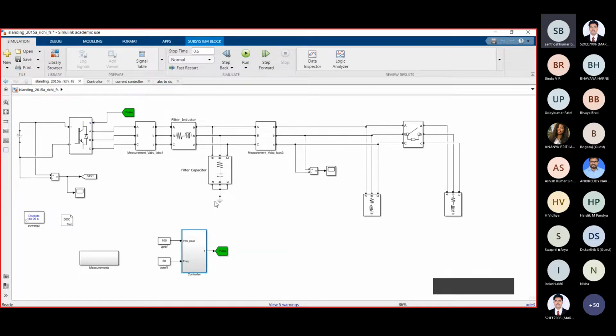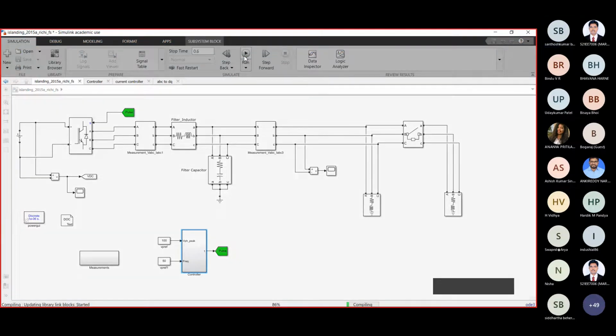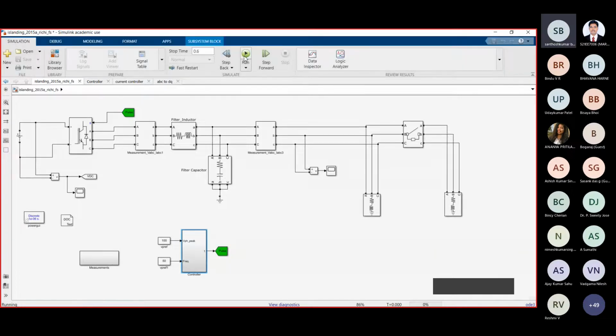So I think you can understand this control part also. If you apply this controller, now I will run the system and change the load. Then we can understand how our inverter in standalone mode behaves due to load disturbances.